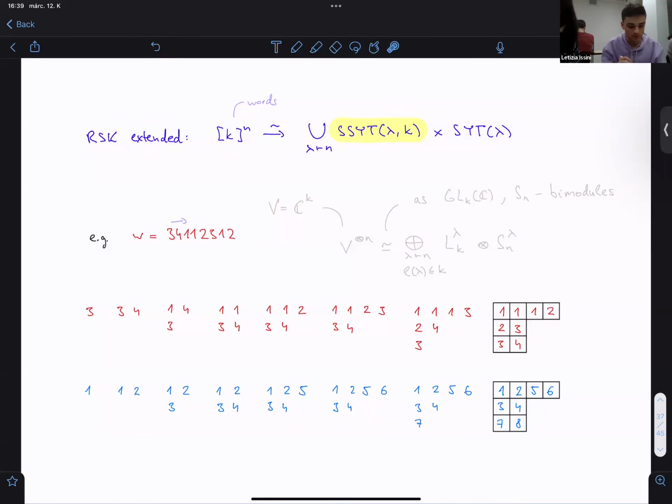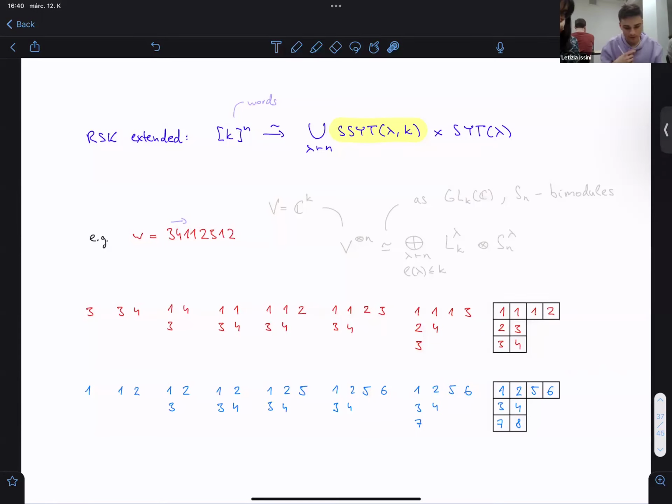But for the first tableau, we might have some repeated letters, and all the repeating letters will be in the same row, and we'll produce a tableau where the numbers in each row will be non-decreasing, and the numbers in each column will be strictly increasing. These tableaux are called semi-standard Young tableaux of shape lambda, and possible letters 1 to k, and they are denoted by k.